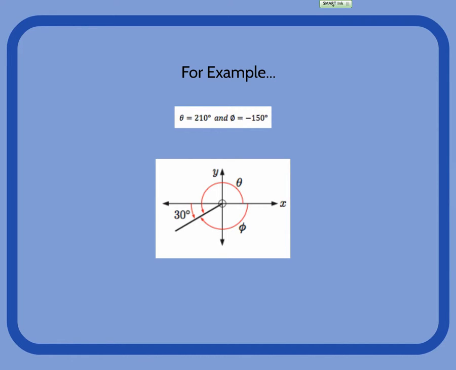So here's an example. Our positive angle theta is 210 degrees. So we start here, going all the way to here, that's 210 degrees. And then we go negative from here to here, that would be negative 150.